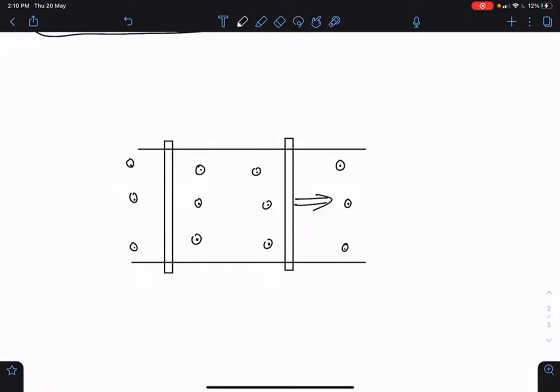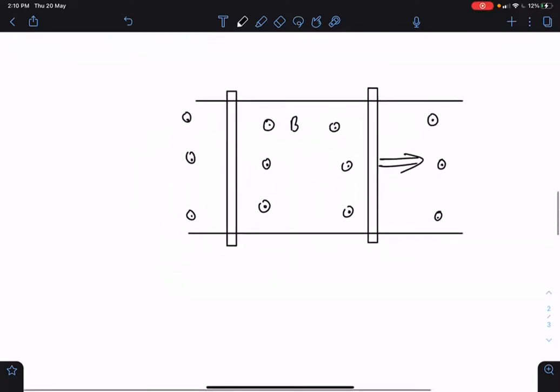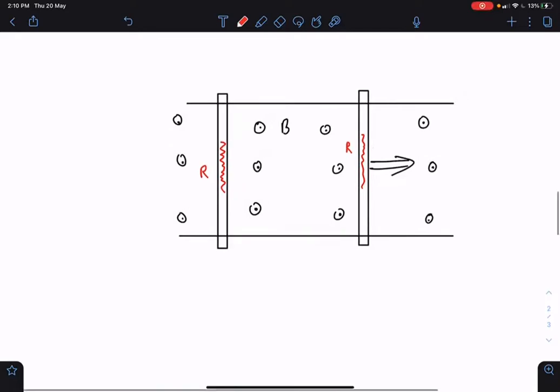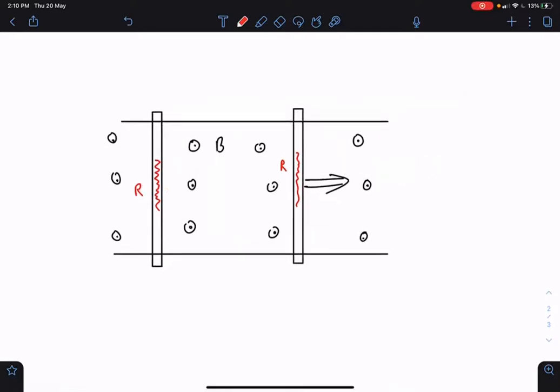So let's say the question is like this. There is a magnetic field, and let's say this rod has a resistance R. If you want, you can put another resistance R here, it doesn't matter. The situation will remain the same. Whether you write the total resistance as R or 2R, the only thing it affects is the current.